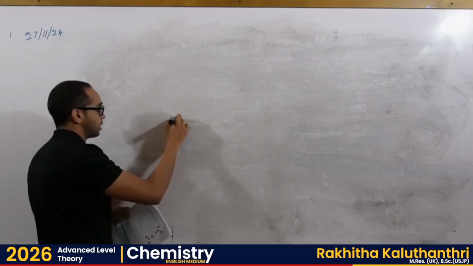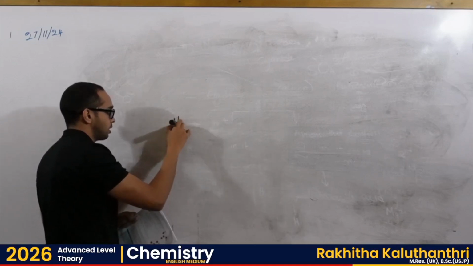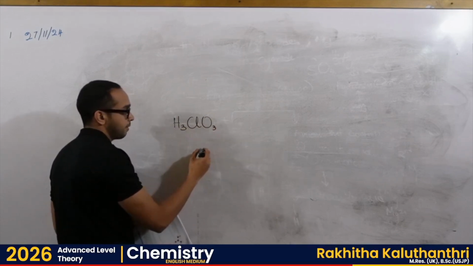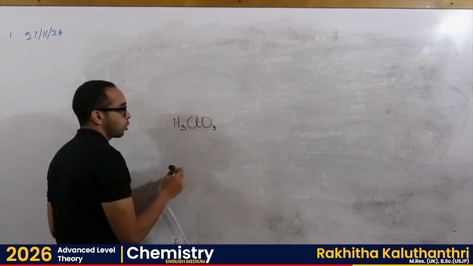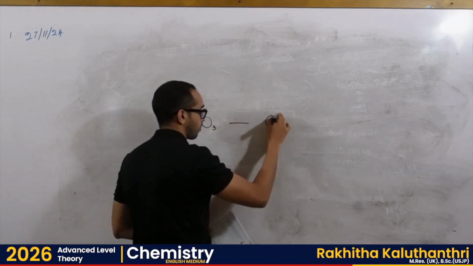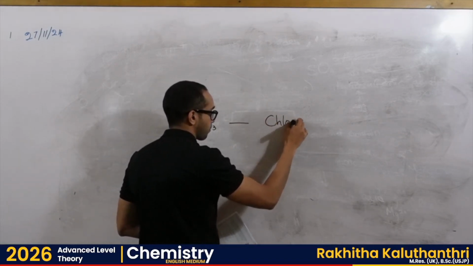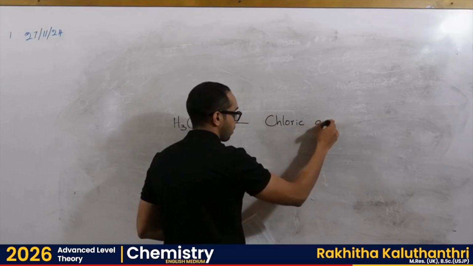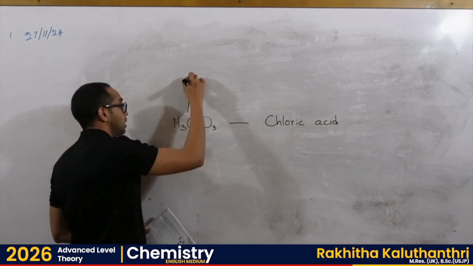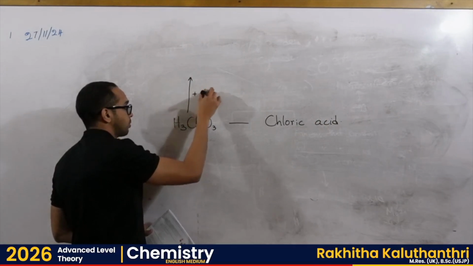This is called chloric acid, HClO3, right? This is called chloric. I'll write the name here. Now imagine us adding another oxygen atom here.